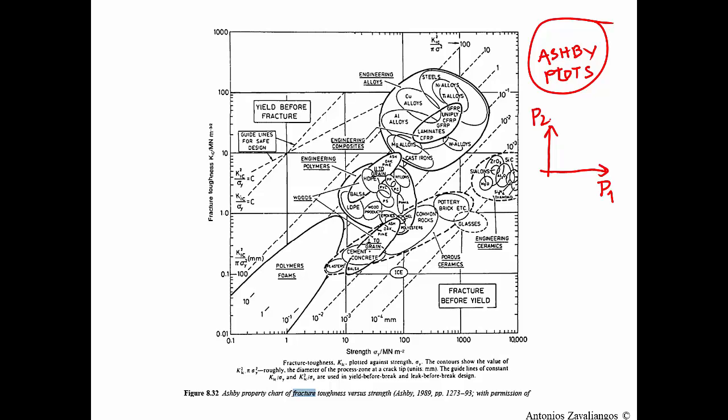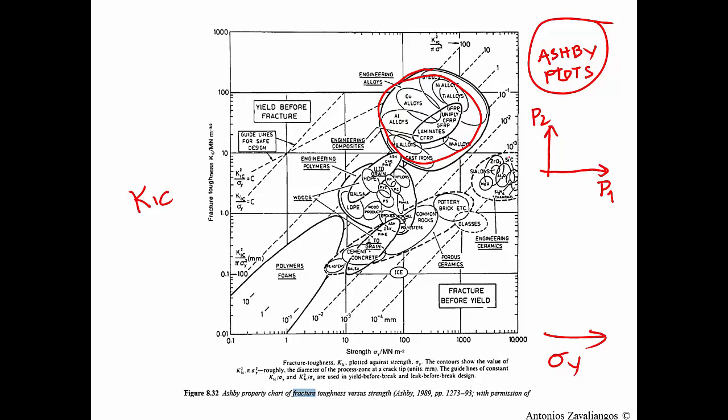In this case, the two different properties are on the x-axis we have the yield strength, and on the y-axis we have the fracture toughness of the materials. And it's interesting to see that actually the metals are the materials with the best possible combination of high strength and high fracture toughness.